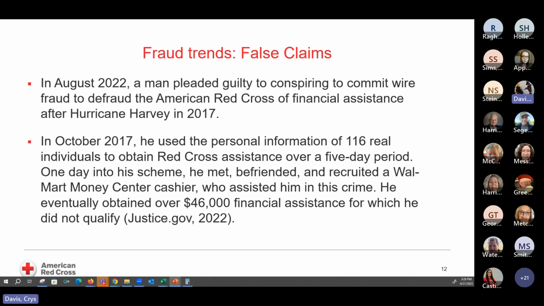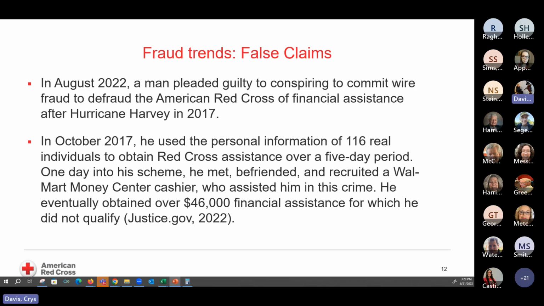He stole the personal information of 116 people and used that information over a 5-day period after befriending a person at the local Walmart to obtain nearly $50,000 in financial assistance.